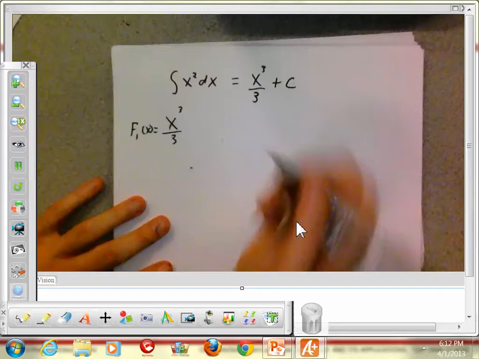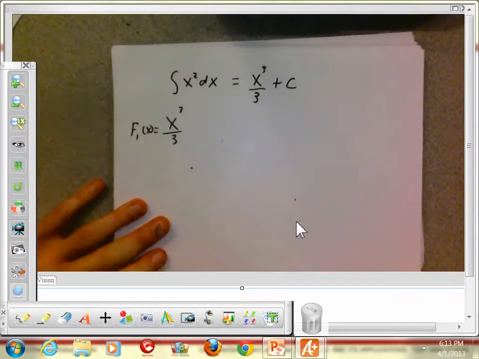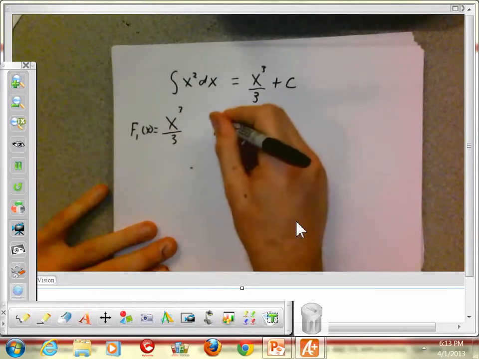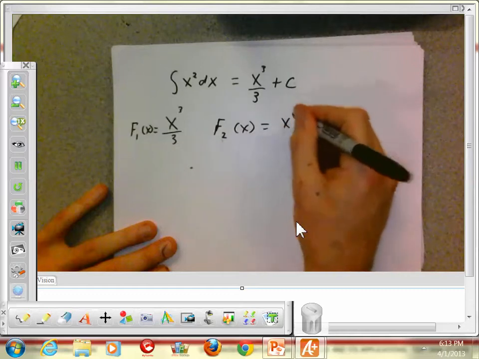What's another possible antiderivative besides this one? This is going back to section 6.1. Yeah, very good. Another possible antiderivative would be x cubed divided by 3 plus 1.